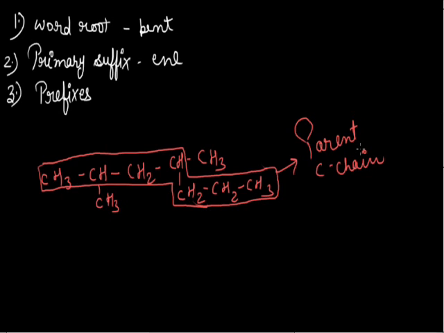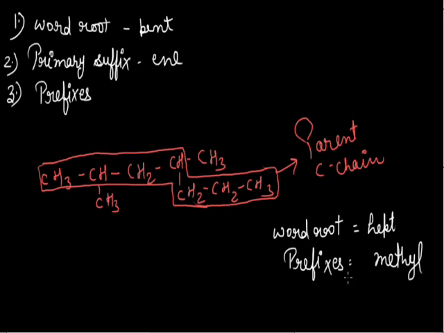In the parent carbon chain 7 carbon atoms are present, so for that organic compound we will use hept as the word root. Two CH3 groups are present outside of the parent carbon chain, so for the prefix we will use methyl. And only single bonds are present between carbon and carbon, so for the primary suffix we will use "-ane".